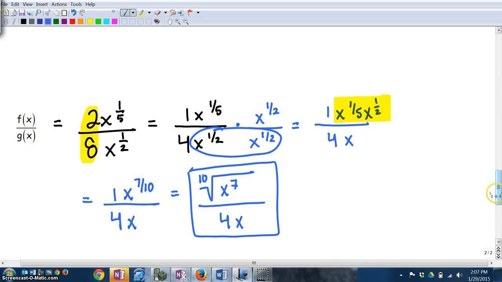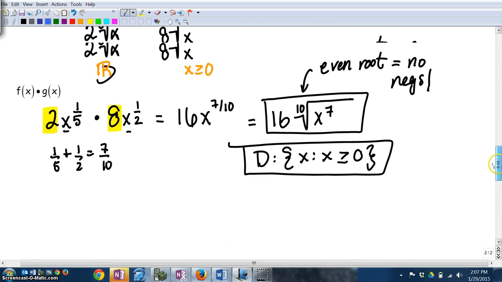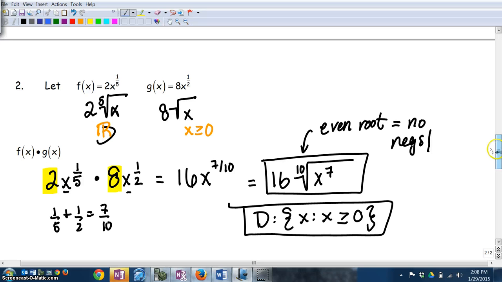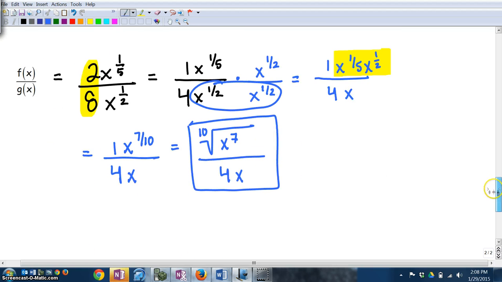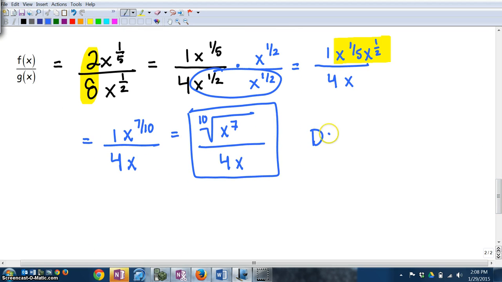Now, originally, the domain was all real numbers for f of x and greater than or equal to 0 for g of x. So greater than or equal to 0 is the more restrictive one. However, you still need to look at your final answer. So let's see. Yeah, it still can't be negative because you have an even root. But look down here.